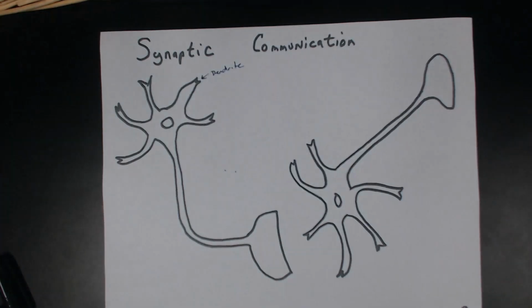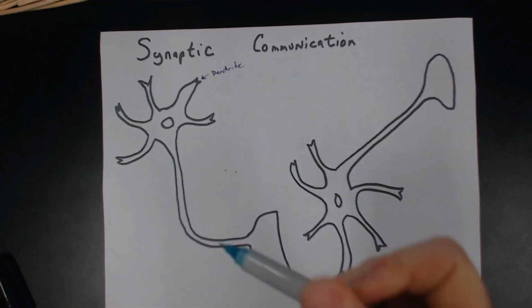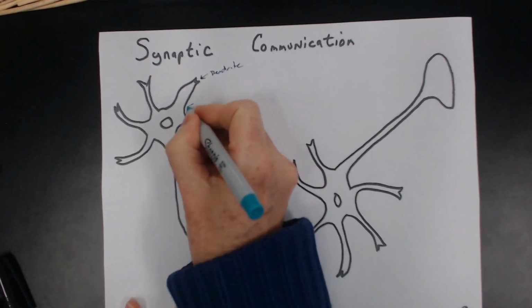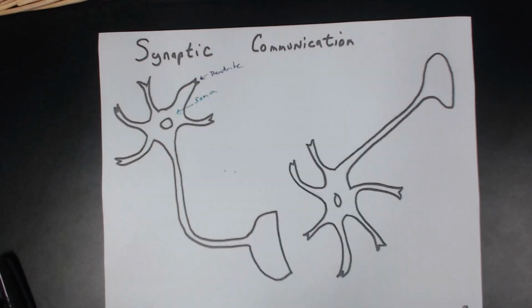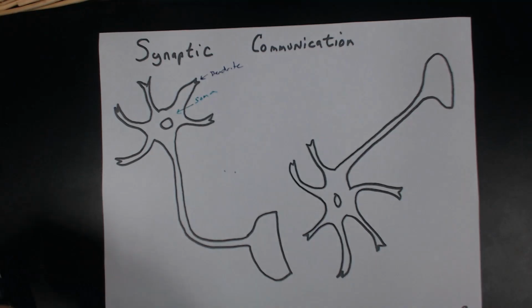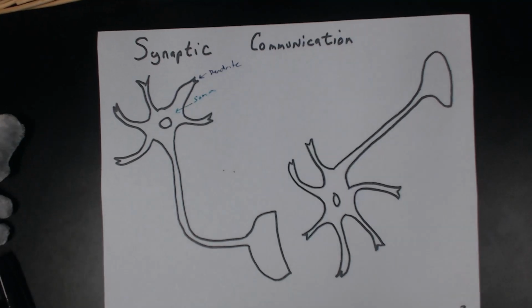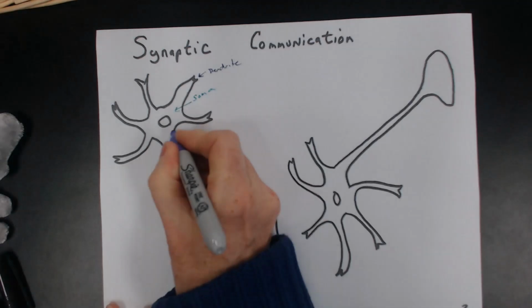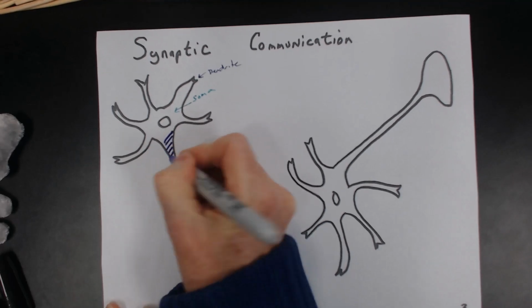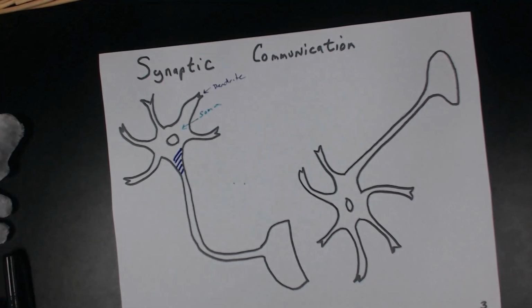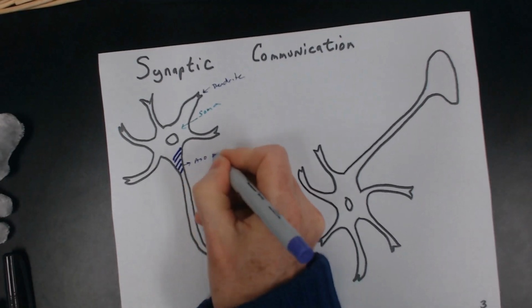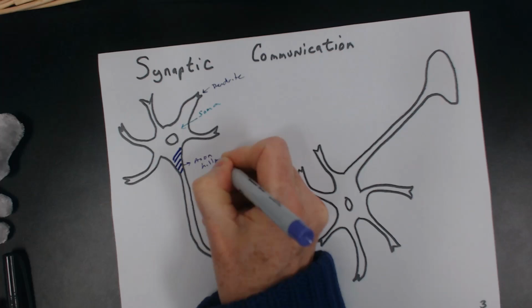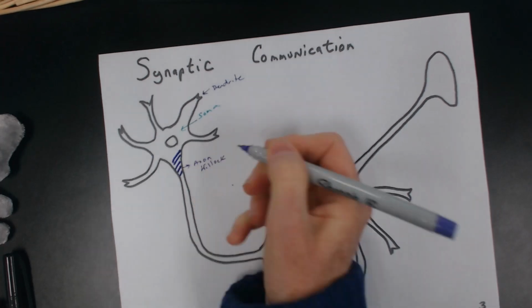Okay, and then I don't remember which color I used, but let's go ahead and make this the soma. Okay, and then underneath the soma we have this area here, which is the axon hillock.